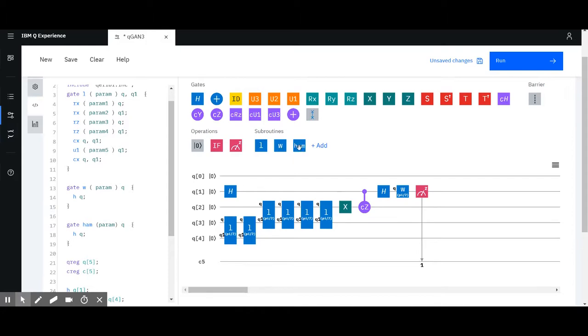This Hamiltonian takes in two parameters in this case, Q1. I'm trying to reverse engineer this. It's something you put somewhere in here, let's say in the middle, and it has a control.